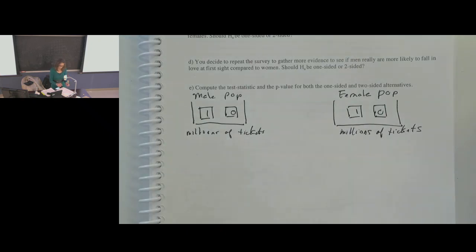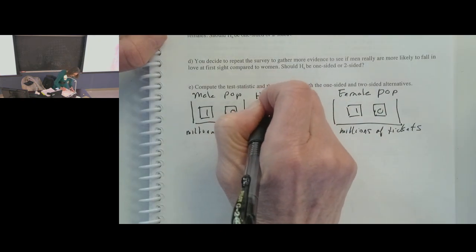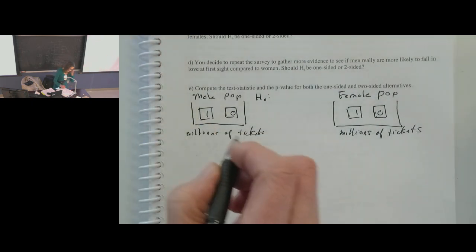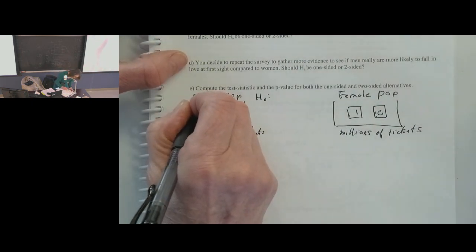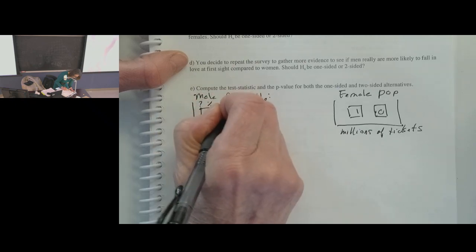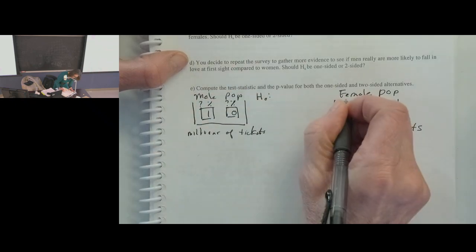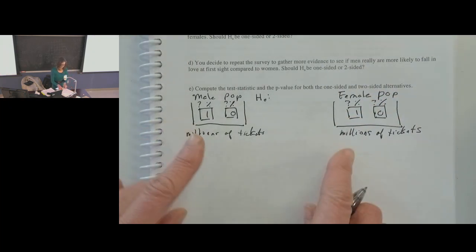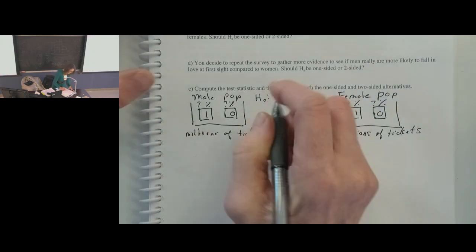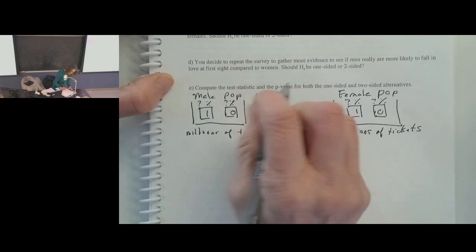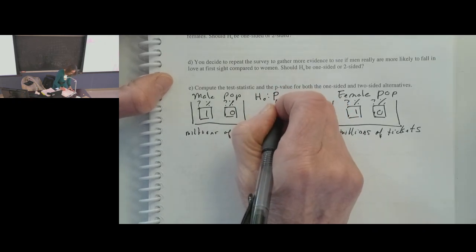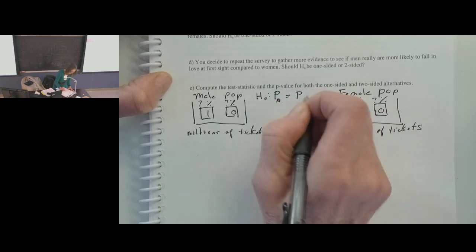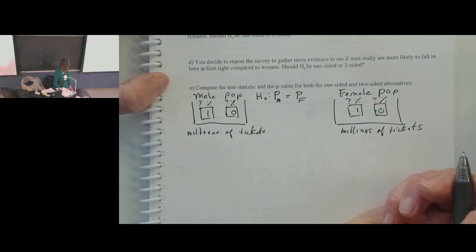But the null is that inside the population, even though we don't know the percents of ones, we don't know these, but what our null is, that they're the same. So the percent in the population of males who would say yes is equal to the percent of females who would say yes.